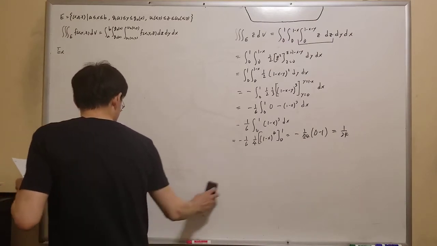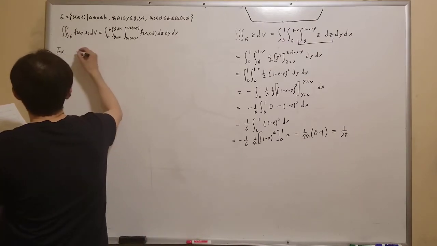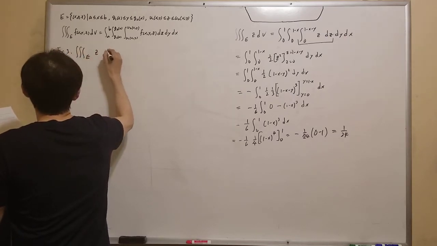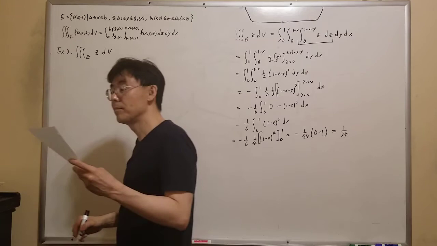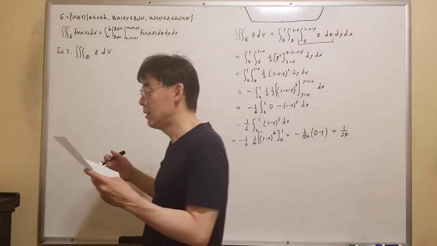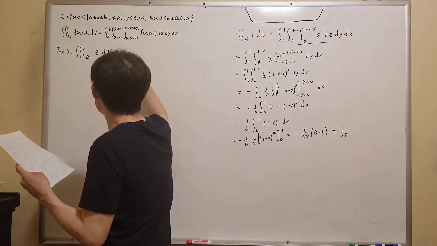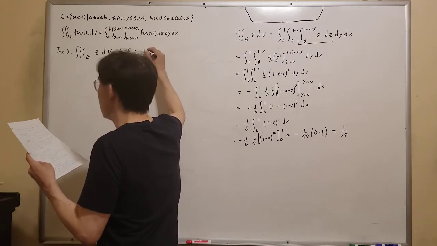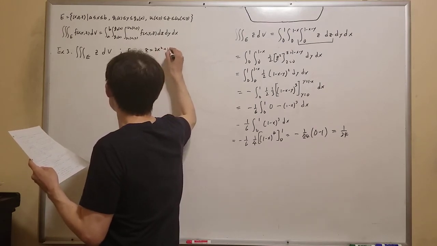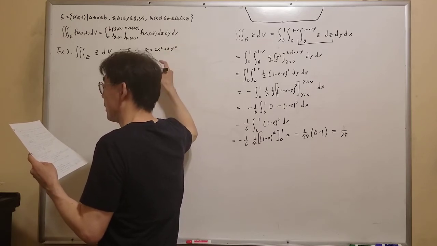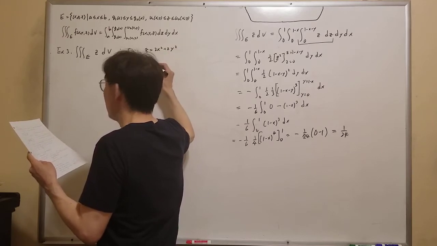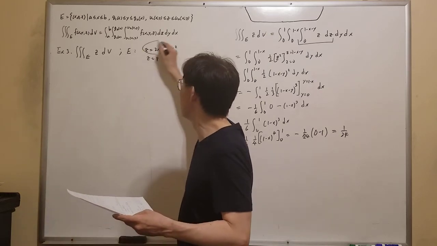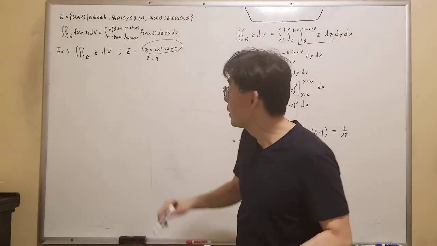Again, evaluate the triple integral of another simple function, z again, where E is bounded by z equals 2x squared plus 2y squared, and z equals 8. Now this is a parabola, right?